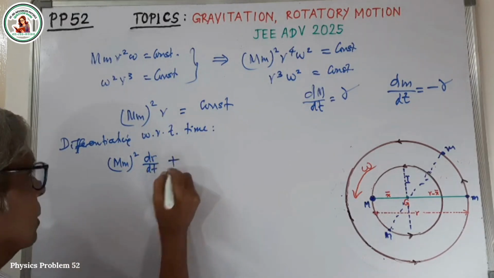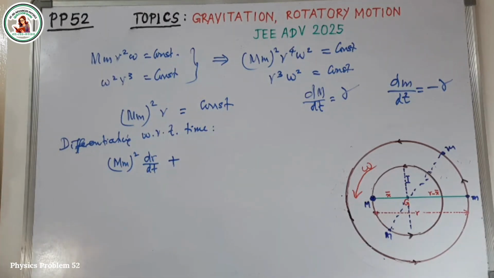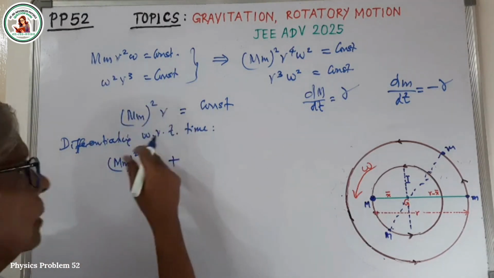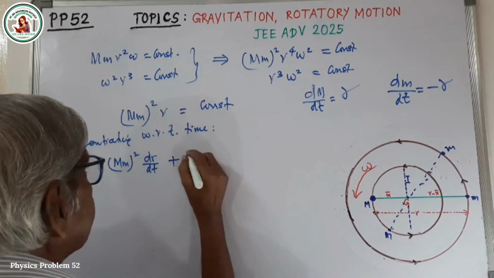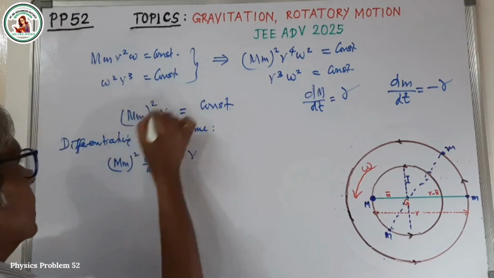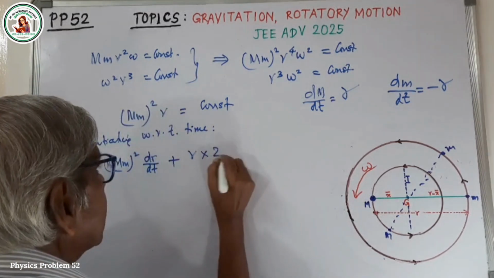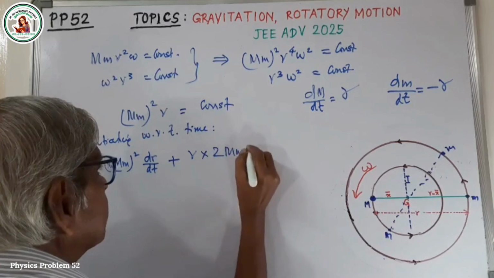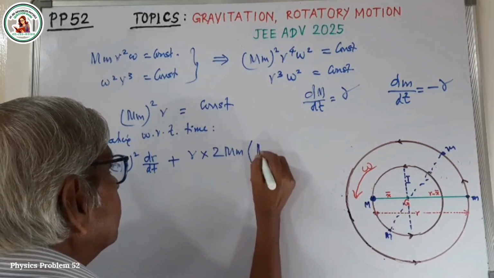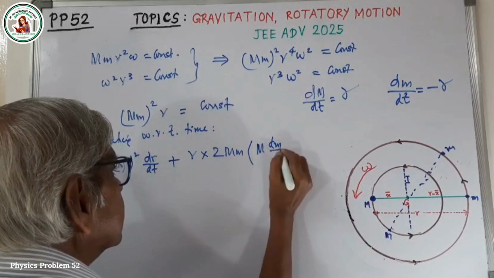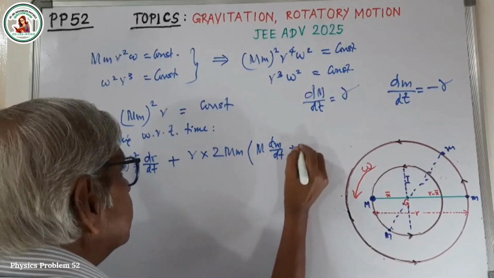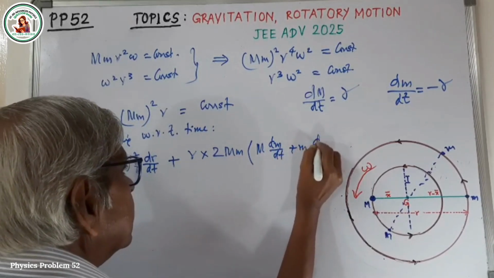We use the general formulas for differentiation. Then r times the differential of this, that is 2 M m into M dm by dt plus m square dM by dt.